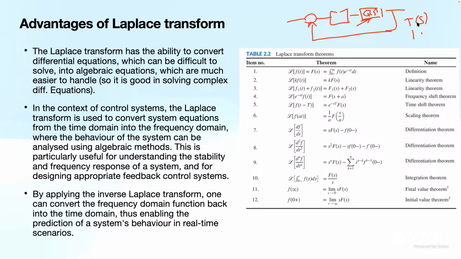We need to get the closed loop transfer function of your system, convert it into the time domain, and write very simple code to plot the response of your system. So this is the Laplace transform theory and the equations which can be used. You have it in the book and in many sources.